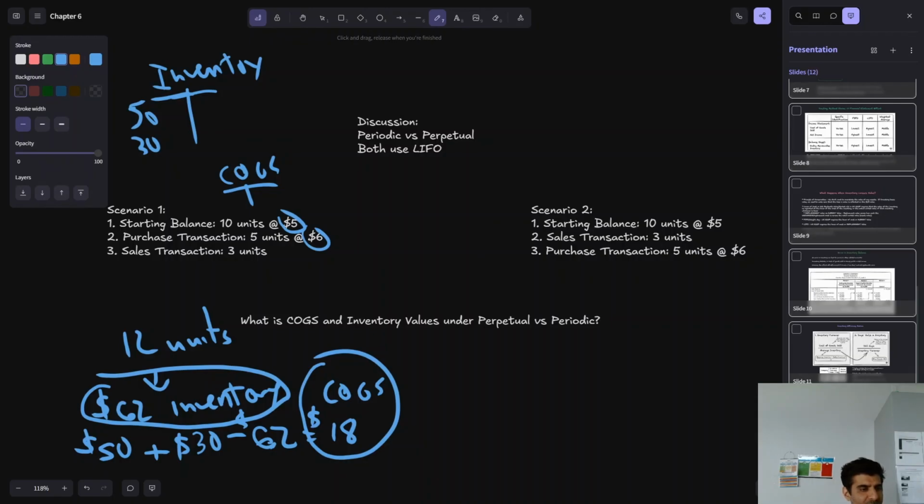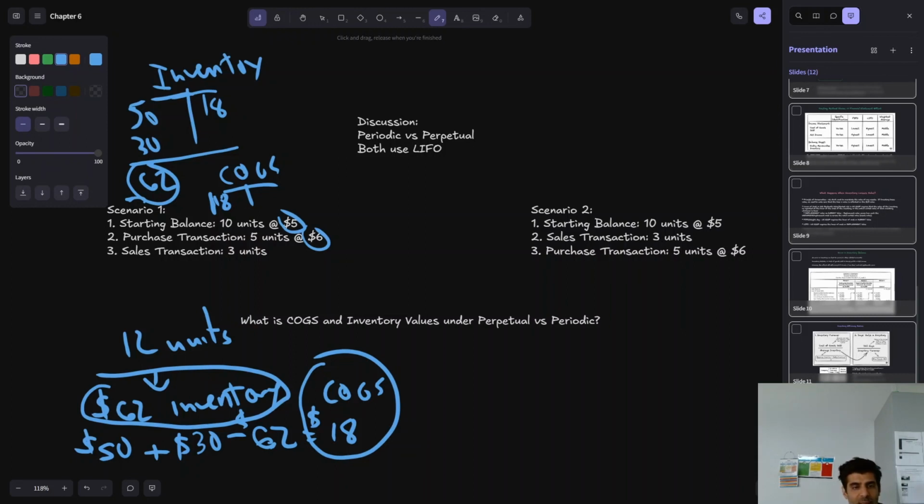So 3 times 6 is $18. I would have had a debit to 18 and this 18. So then what is it? 80. Yeah, so it's the same, 62. Okay. So in scenario 1, our periodic and our perpetual give us the same answer. $18 cost of goods sold, $62 of inventory.